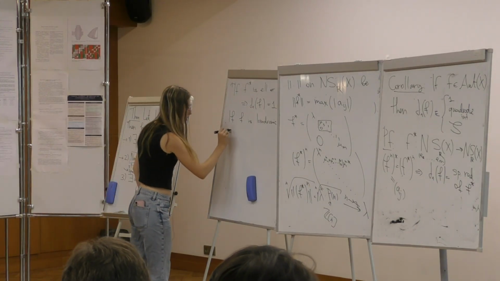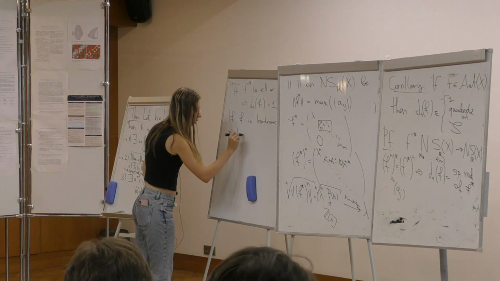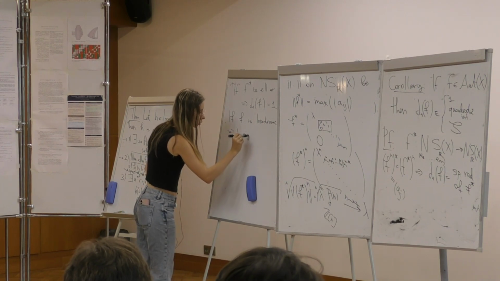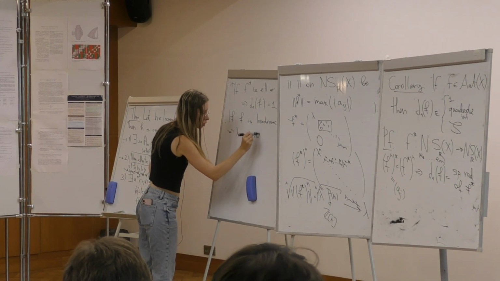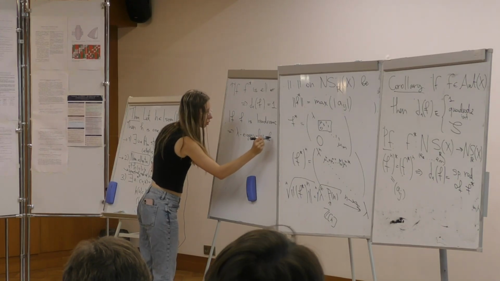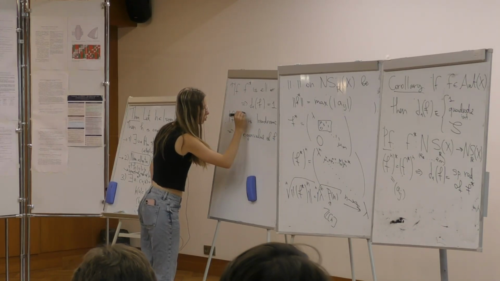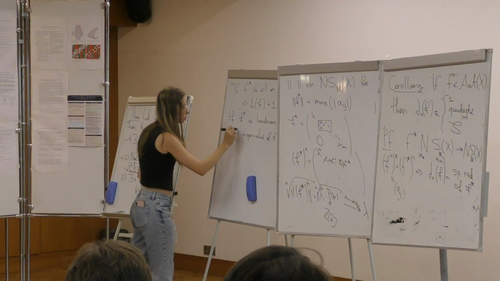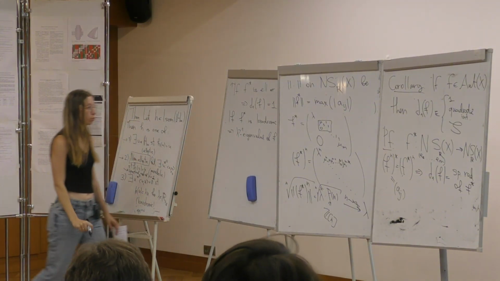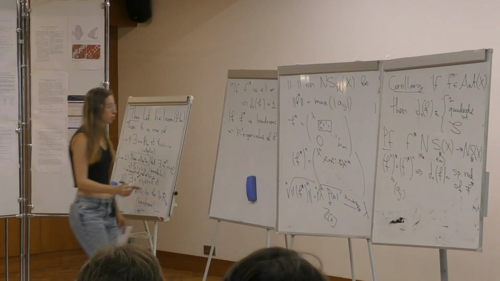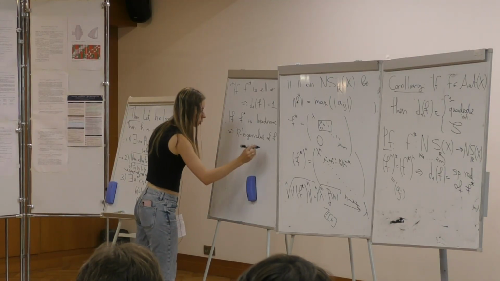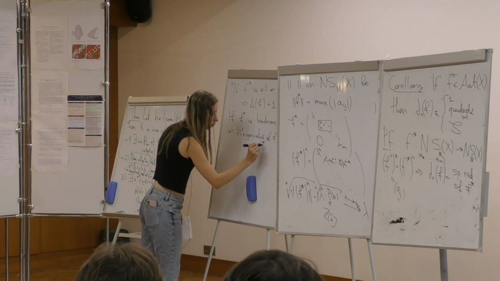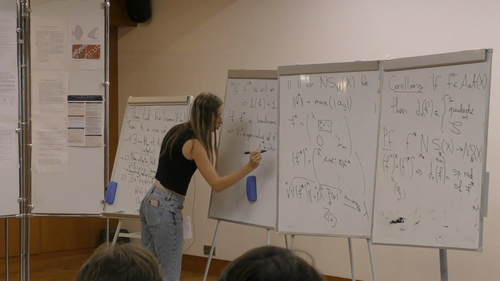Then there exists an eigenvalue lambda of the pullback, which is real and greater than 1. Let me call it u, so pullback of u equals lambda u.